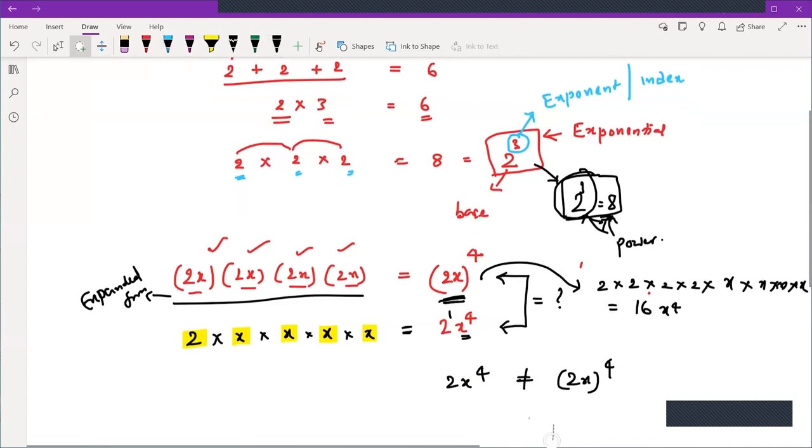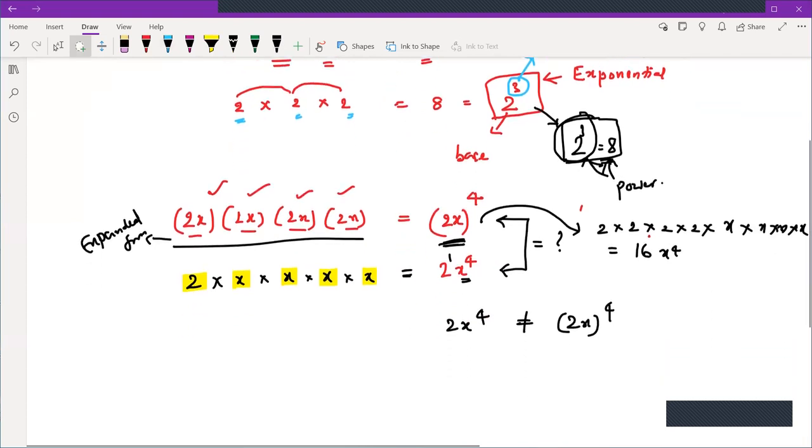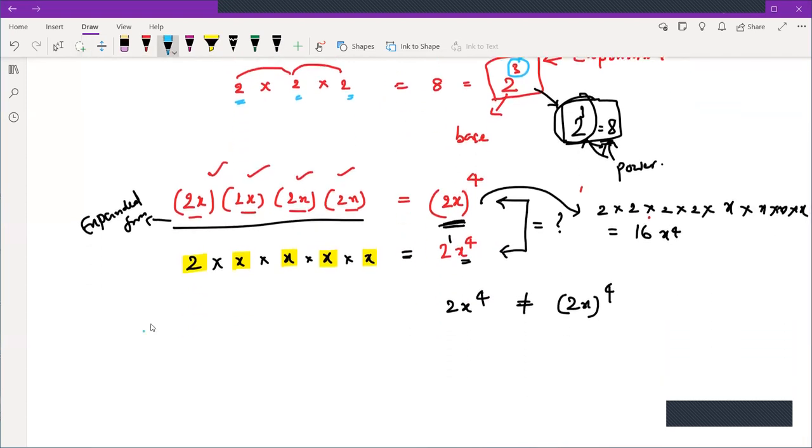When it comes to 2x to the power of 4, in this x is known as the base, not 2x. 4 is known as the index. And this 2 is multiplying x to the power of 4, so it is known as the coefficient of x to the power of 4.